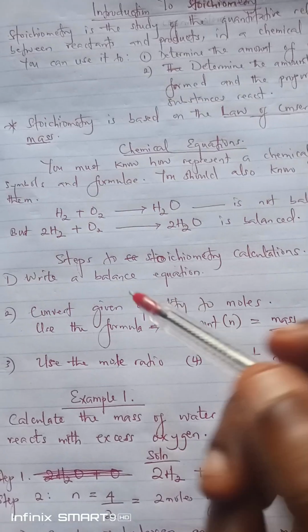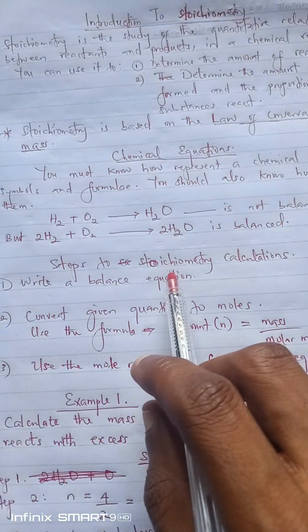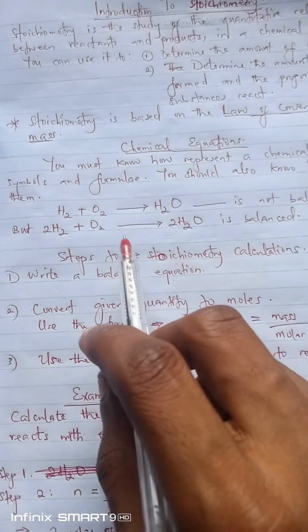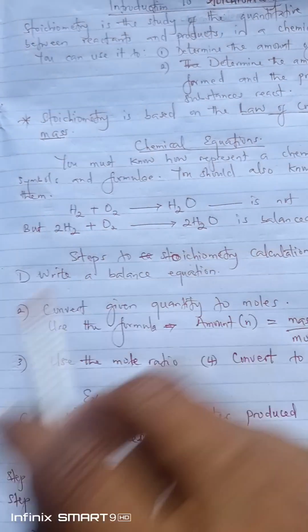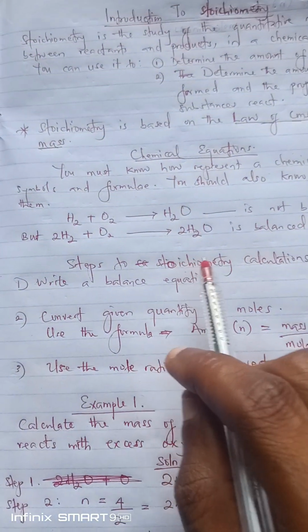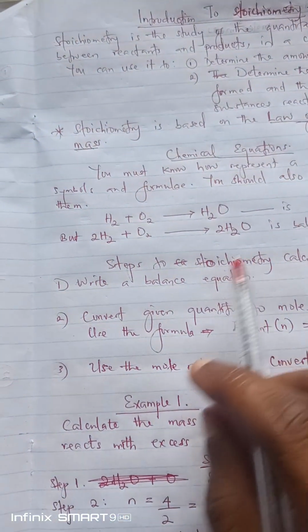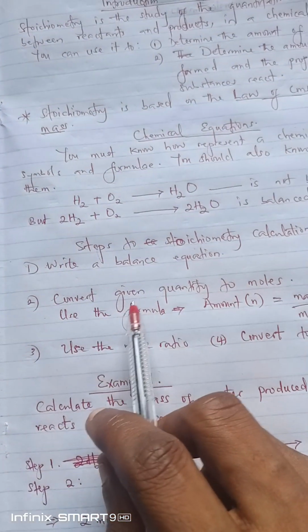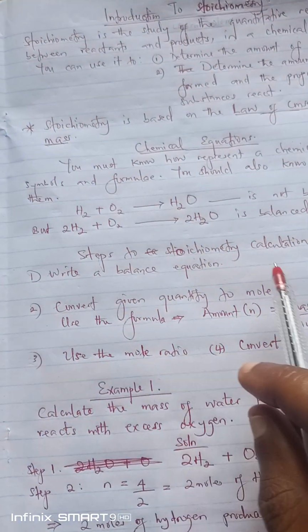So very quickly, I want you to see these as the steps to stoichiometry calculation. I want to put it so that anytime you are doing any calculation, you can always remember these steps and follow them. Steps to what? Stoichiometry calculation. Number one, write a balanced equation. Number two, convert given quantities to what? Moles. If they give you mass, change it to moles.